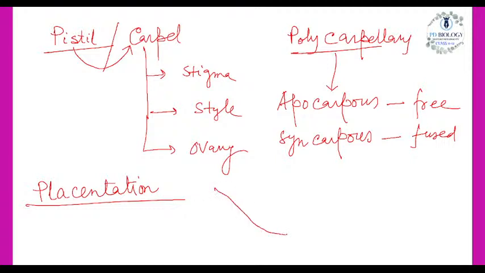You see in the pea plant, the seeds are arranged in this type of structure, that is called marginal. The placenta forms a ridge along the ventral suture of the ovary, and the ovules are borne on the ridge, forming two rows. That is very important and found in pea.